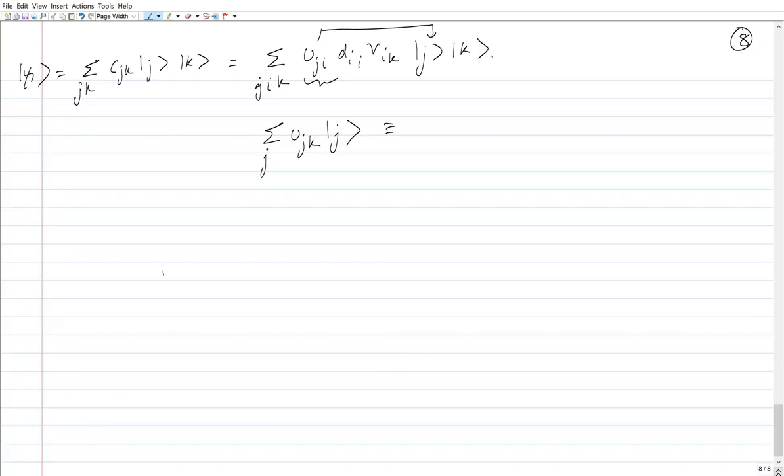So j sums over, and what I am left with is |i_A>. This is a vector. Similarly, I have V_ik, I'm combining this and this, and the sum is over k. That's going to give me another vector. k is the dummy index I summed over. What is left is my index i, which is not summed over.